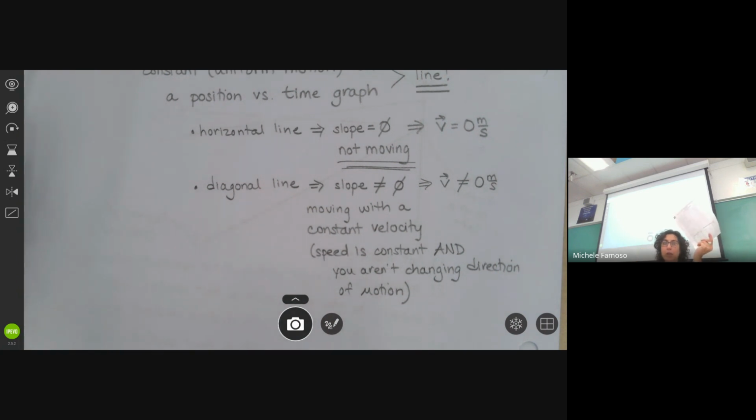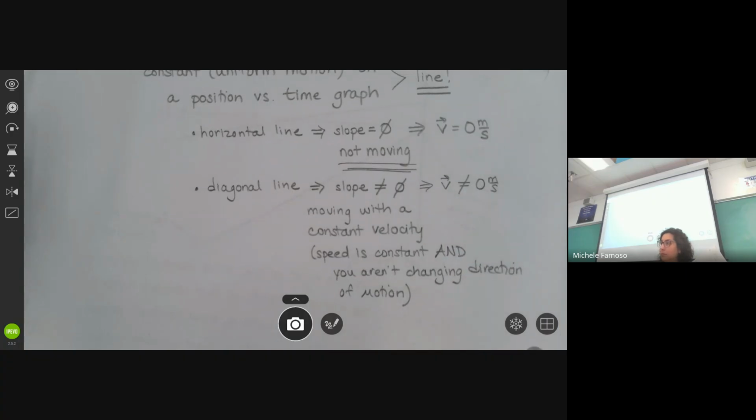I'd like you to look at your reference table for a minute. Can we please turn to page 6? We have some things to check off today.